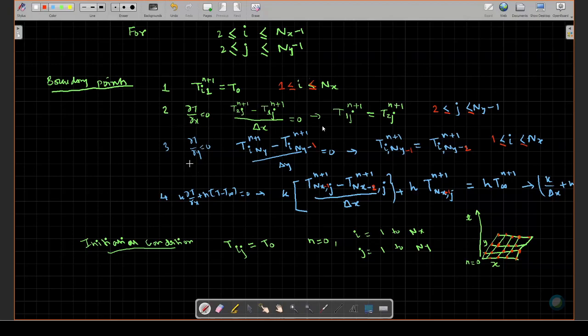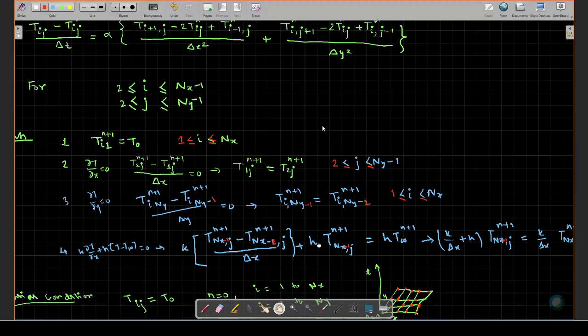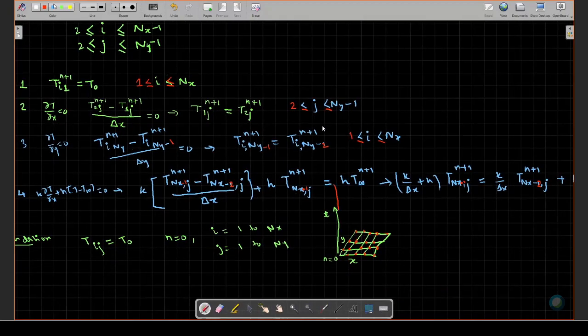But we are calculating for n plus 1. All these equations are used to calculate n plus 1 with these known values. At any other time, I mean any other means n plus 1, the same grid will be there.